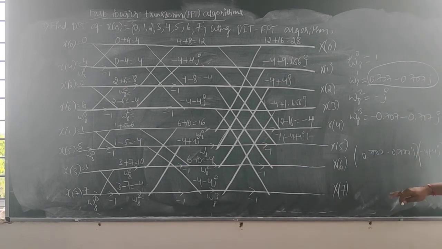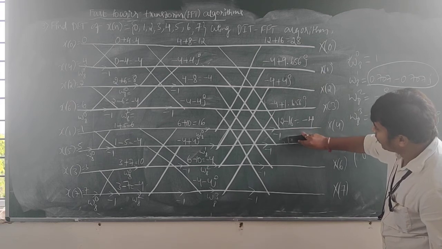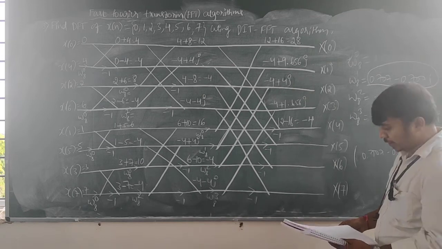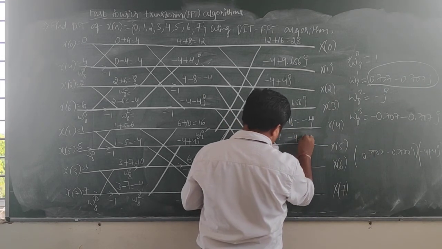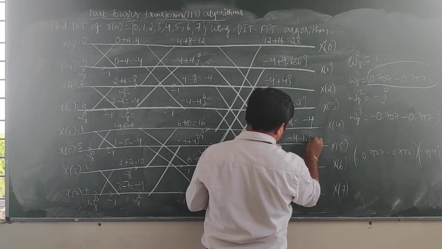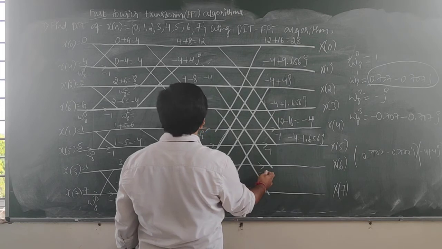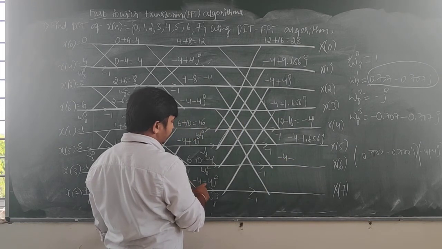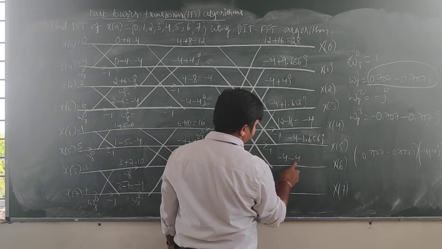So you multiply these two and add to minus 4 plus 4j. I get minus 4 minus 1.656j.